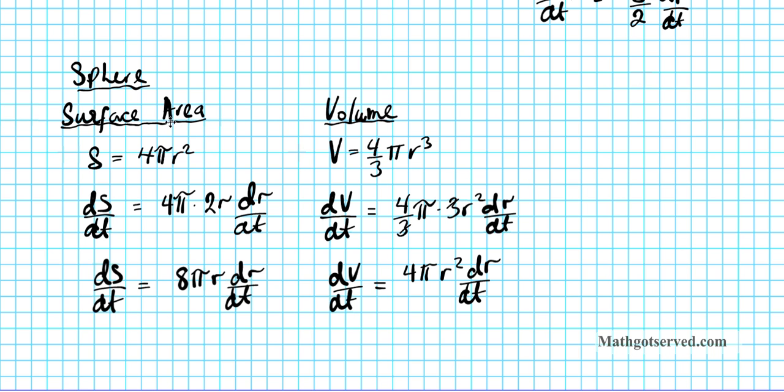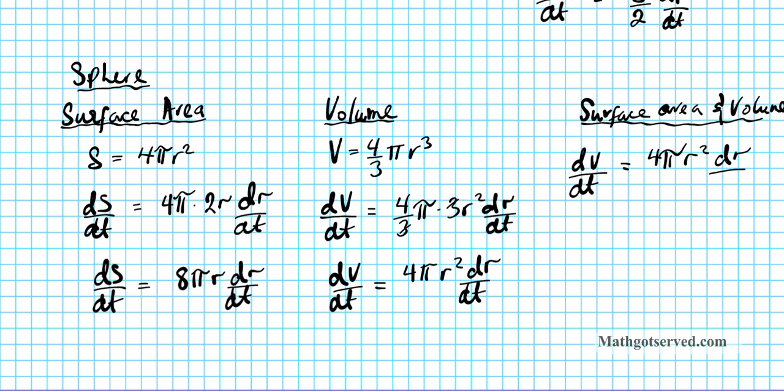Now what's the relationship between the surface area and volume in terms of related rates? So surface area and volume. All right, so how can we relate it? Let's start with the volume, the one of higher dimension. dV/dt is equal to 4 pi r squared dr/dt. All right, so we have 8 pi r dr/dt, so let's start off by factoring out an r.